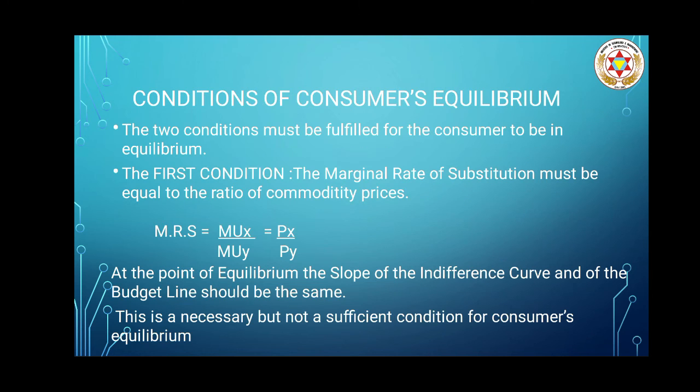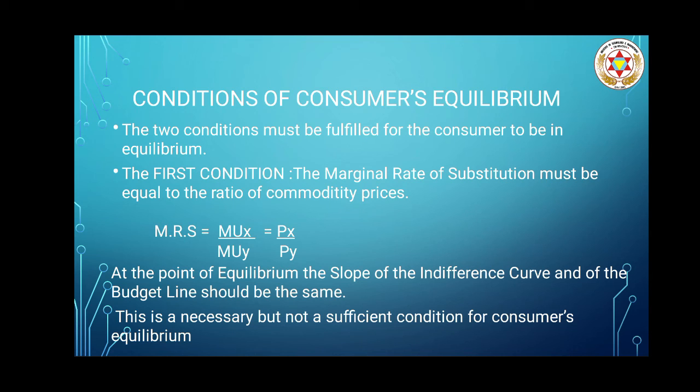So here there are two conditions of consumer equilibrium. The two conditions must be fulfilled for the consumer to be in equilibrium. The first condition is that the marginal rate of substitution must be equal to the ratio of commodity prices.